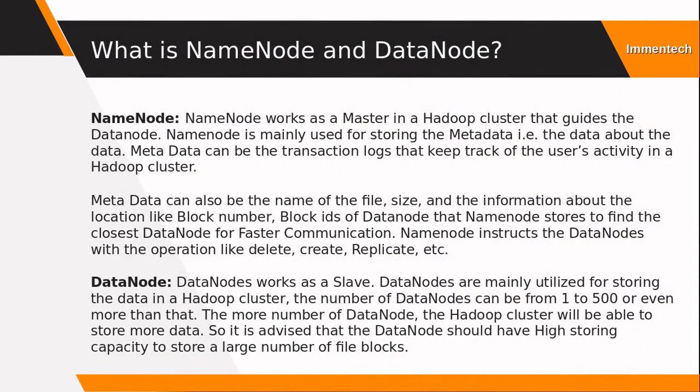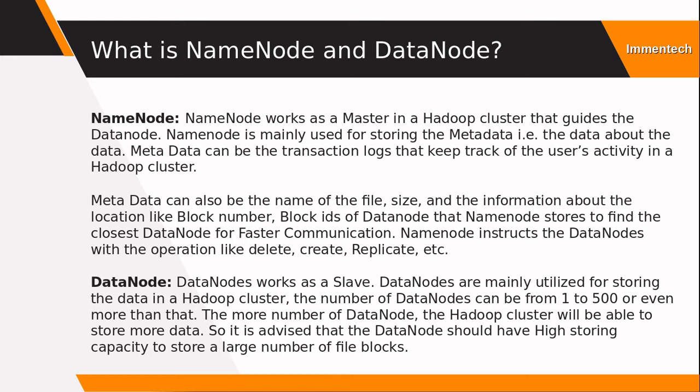NameNode. NameNode works as a master in Hadoop cluster that guides the DataNode. NameNode is mainly used for storing the metadata, that is the data about the data. Metadata can be the transaction logs that keep track of the user's activity in a Hadoop cluster.